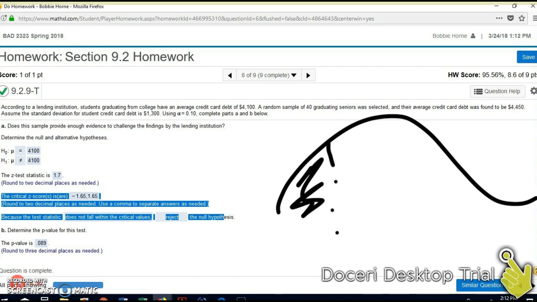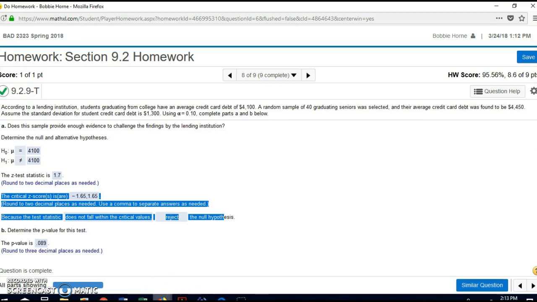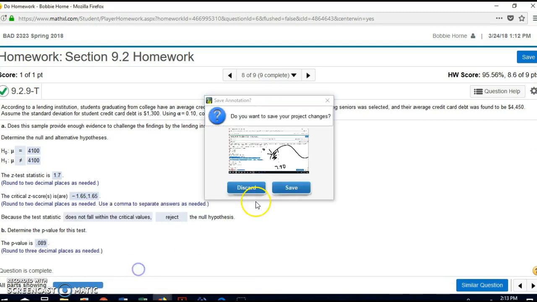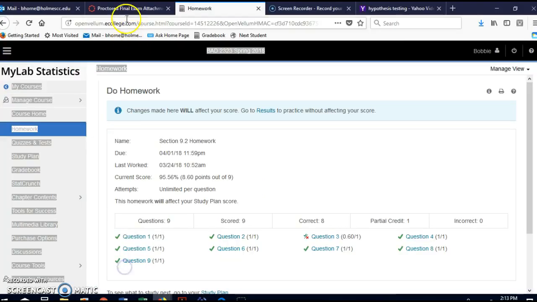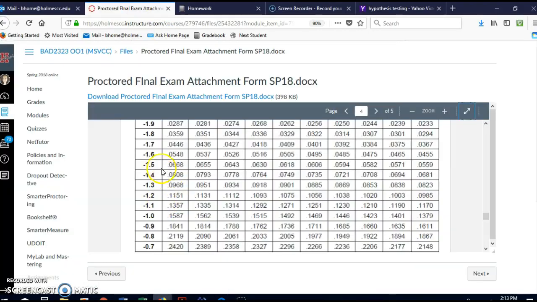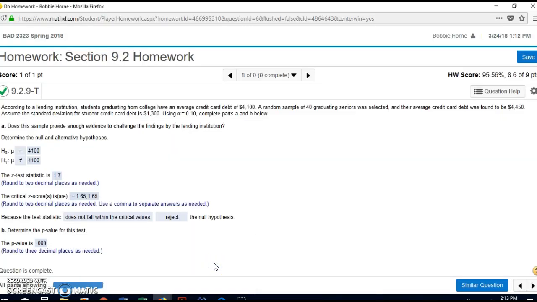If this is our test statistic, negative 1.70, if we look it up, we got 0.0446.